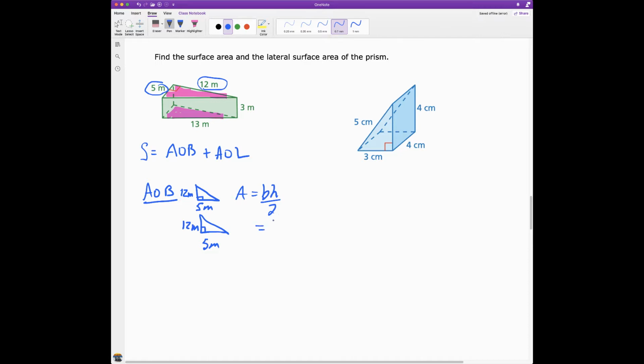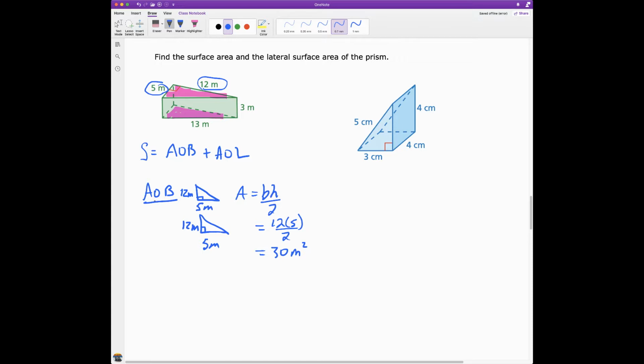So 12 times 5 divided by 2, which equals 30 meters squared. And I have 2 of these triangles.